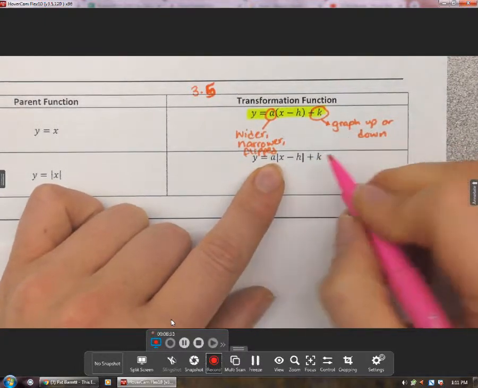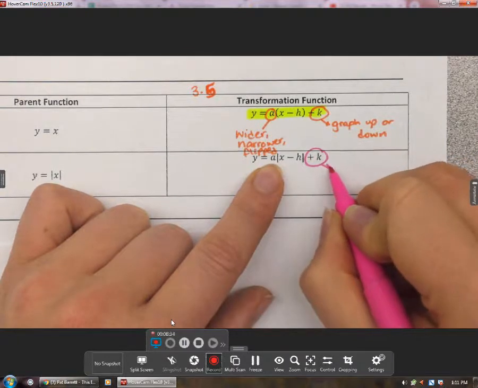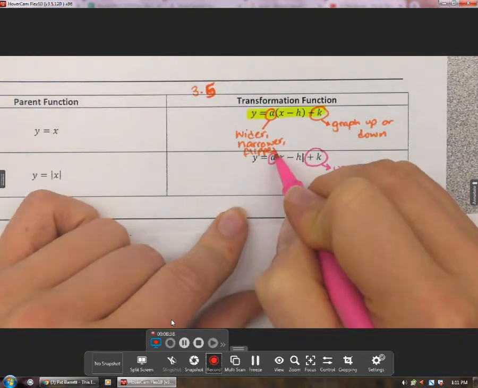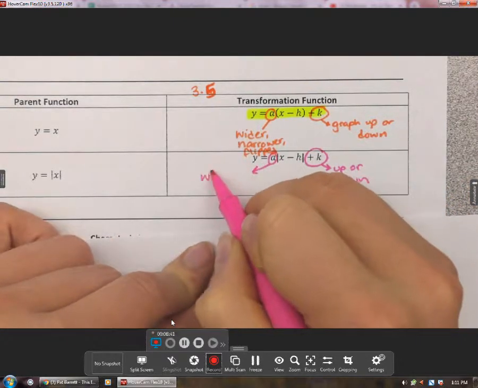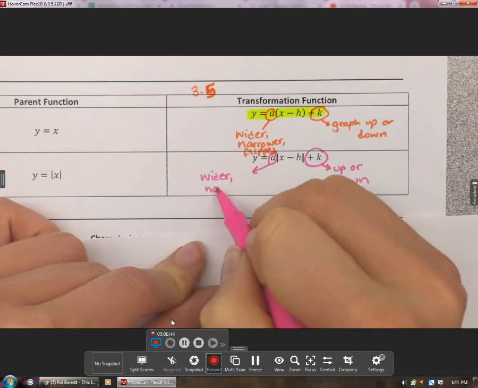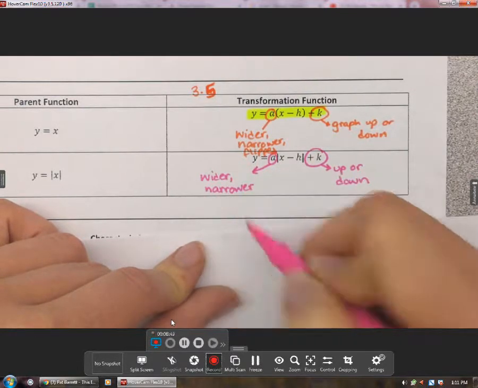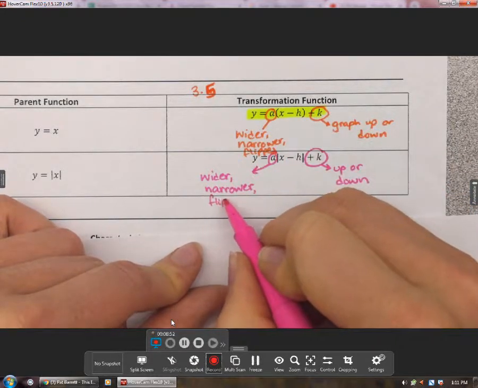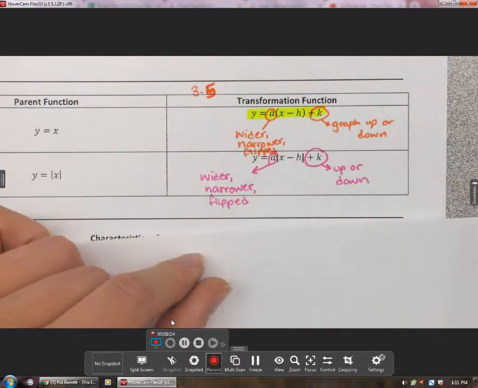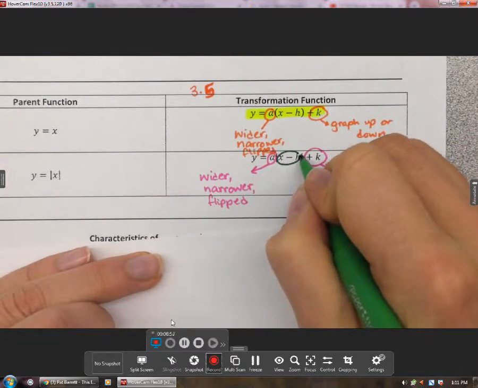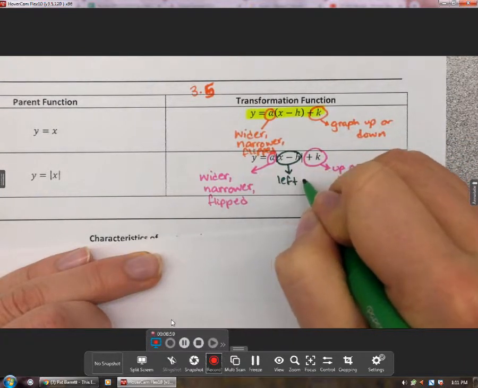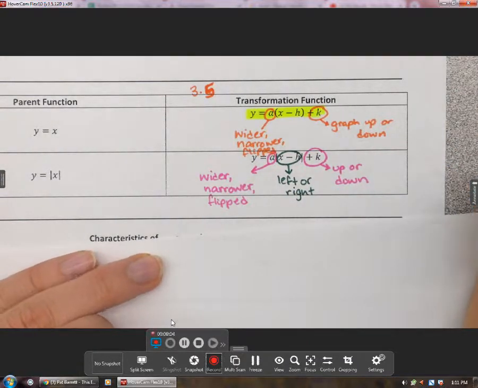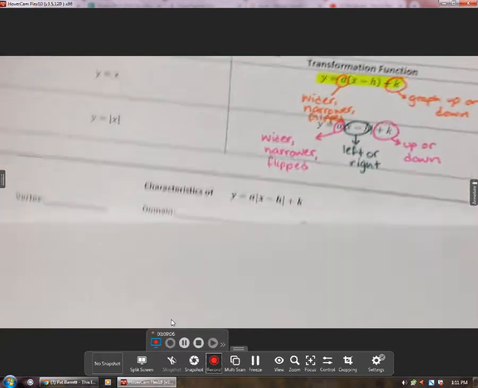The K moves it up or down. The A makes it wider or narrower. That was like the stretched or compressed with the rubber band. It can also be flipped. This minus H moves it left or right. Okay? So you'll see this as we graph it.